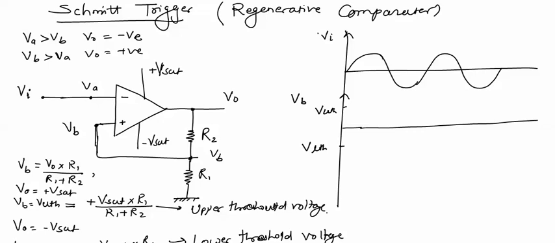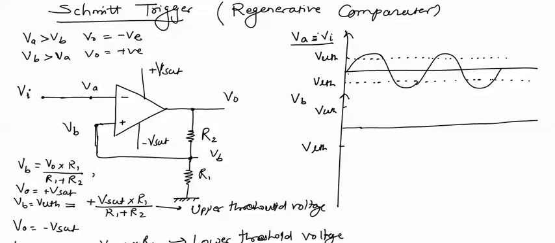Now in the waveforms, we will be comparing VA and VB continuously, and based on the comparison, the output will be either plus Vsat or minus Vsat. Now this Vi voltage is equal to VA, and we will compare this input voltage with the values of VB. This voltage is VUTH, this voltage will be VLTH.